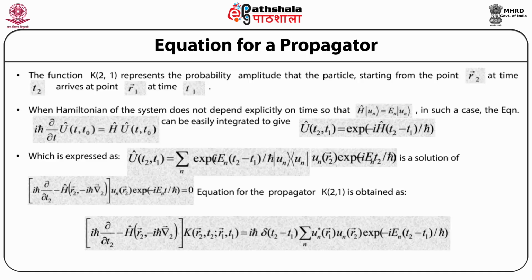And this can then be written as the state vector psi of t plus dt is equal to the bracket open, unit operator minus i by h cross Hamiltonian operator H of t times dt, bracket close, acting on the state vector psi of t.